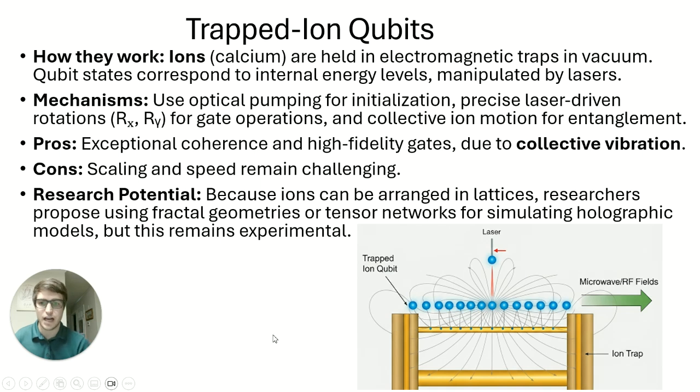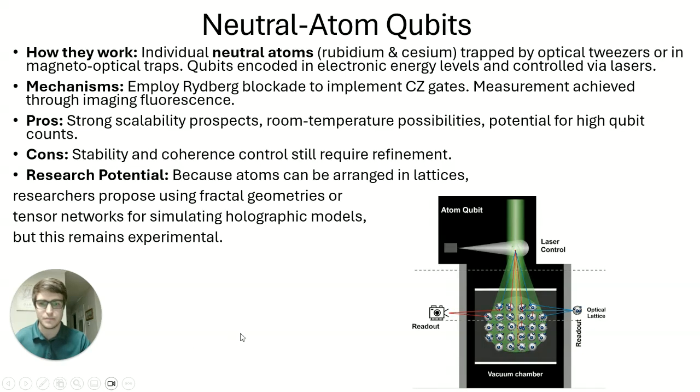So you can also use ions like calcium, which naturally vibrate, or you can think of them, they naturally oscillate. So they're kind of easy to link together to form computations. And a laser, along with microwaves or radio frequencies, can be used to collect them together so you can use their collective vibrations for quantum computing.